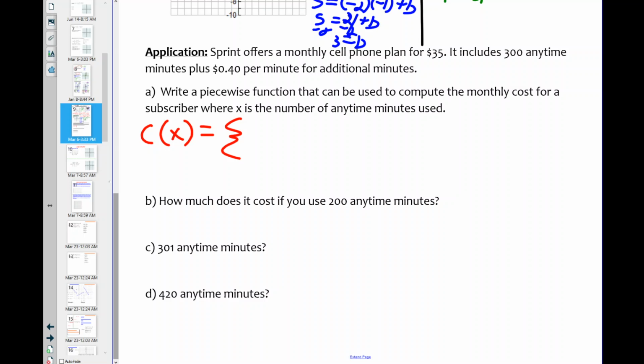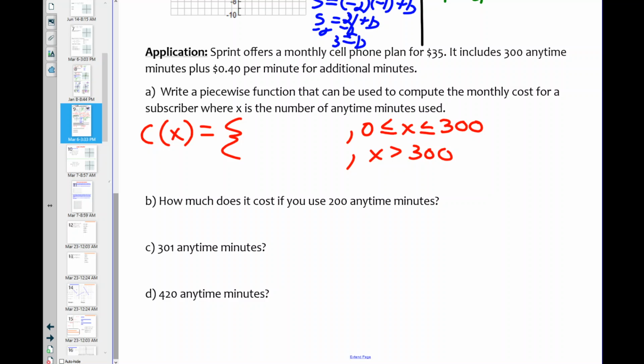The first interval should be if you talk anywhere between 0 and 300 minutes. What should the second interval be? Anything that is above 300. X is greater than 300.